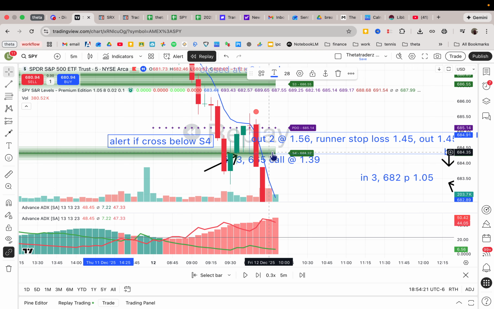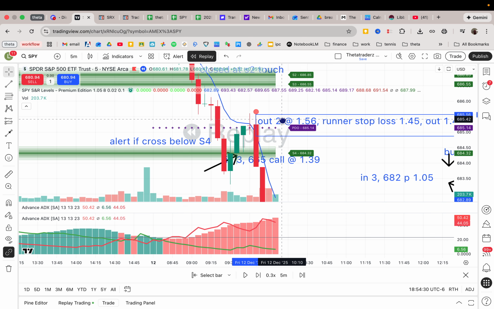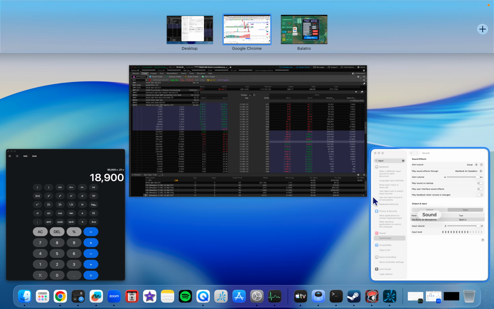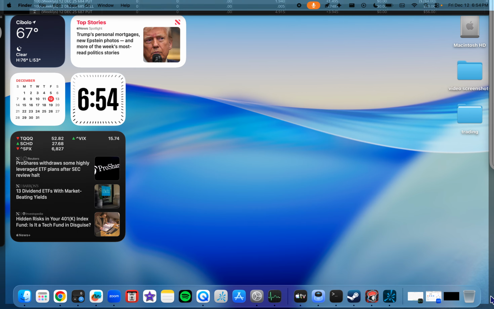If it went below S4 and a candle closed, I would have closed out on it, probably at a loss. However, it moved up pretty quick, and then I got out two at 1.56. I got a runner at 1.45. That was my second trade in the day.